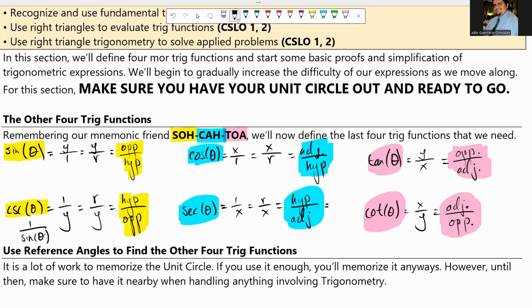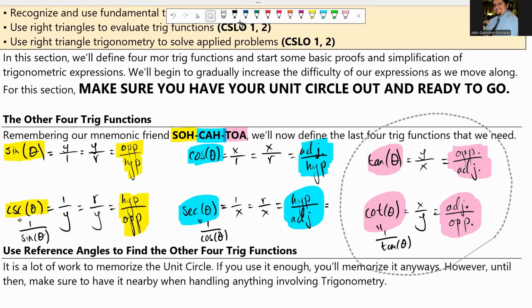Cosecant is also equal to 1 over sine theta, and that's the case for all of these. So secant is going to be equal to 1 over cosine of theta, and cotangent, just like you would expect, is equal to 1 over tangent of theta. Okay? All right, we're getting somewhere.